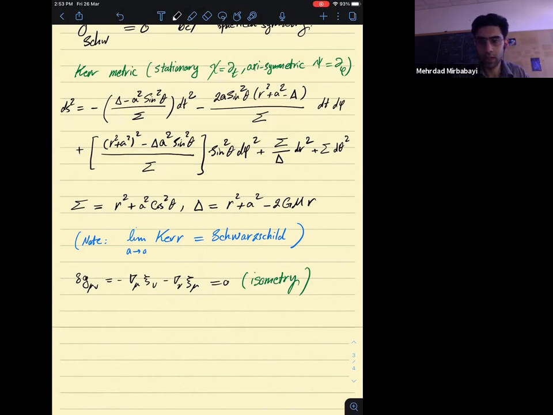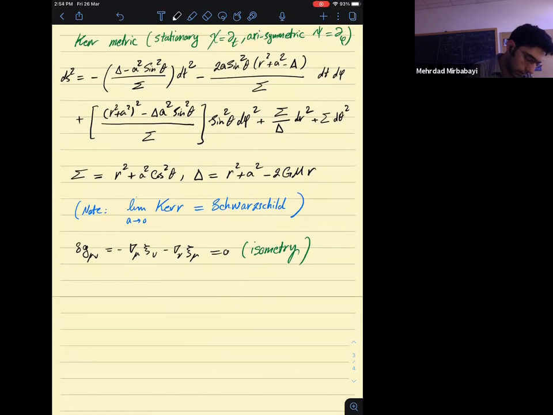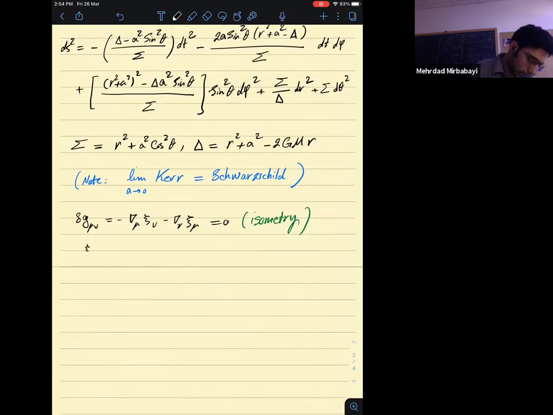The more abstract version of saying that is that if I have an isometry, then we will have a conservation law for geodesics, which is xi mu p mu equals constant on geodesics. This is something that you can verify using just the definition of isometry.